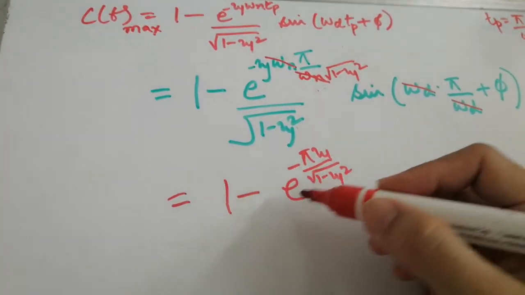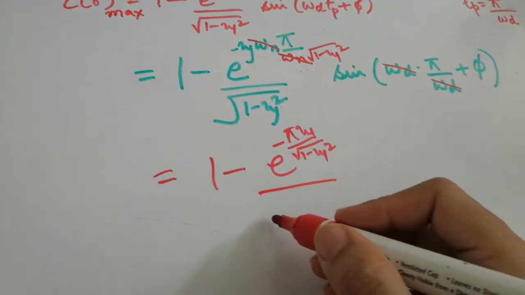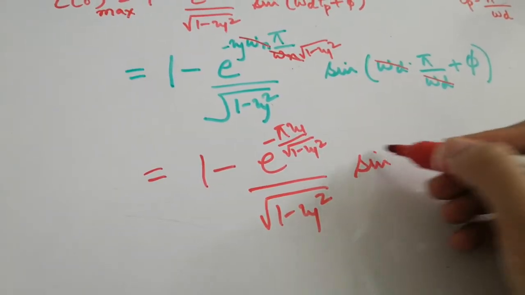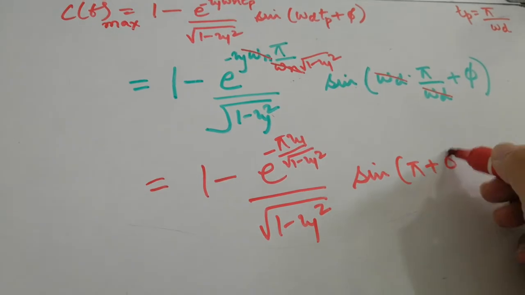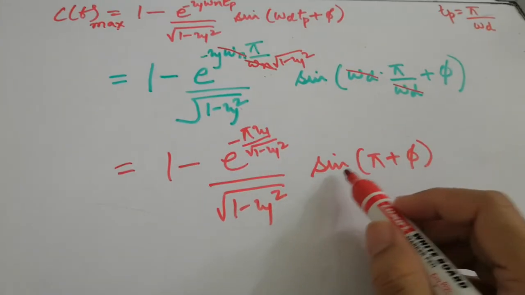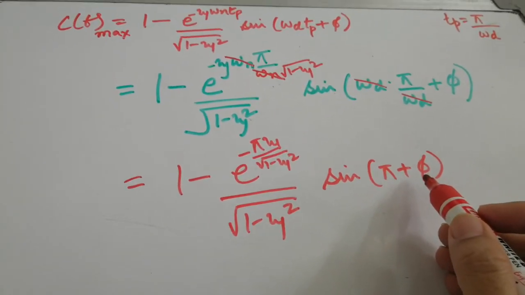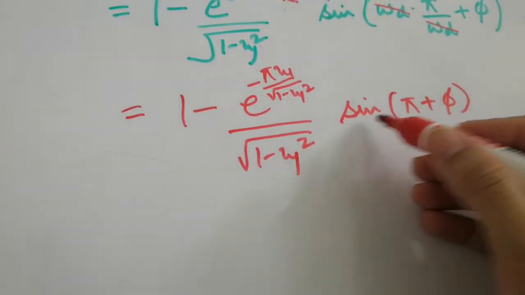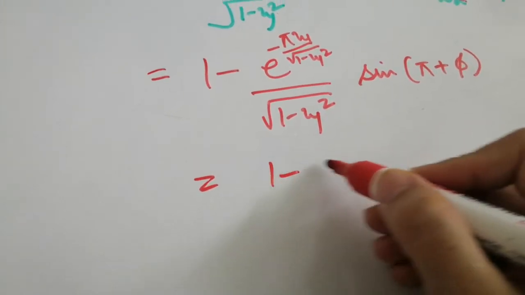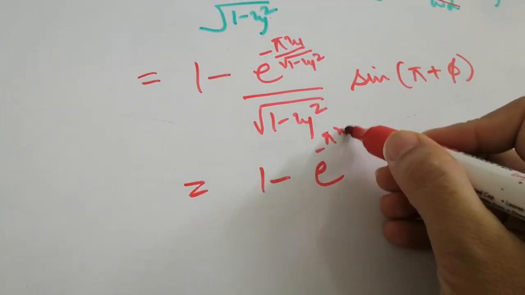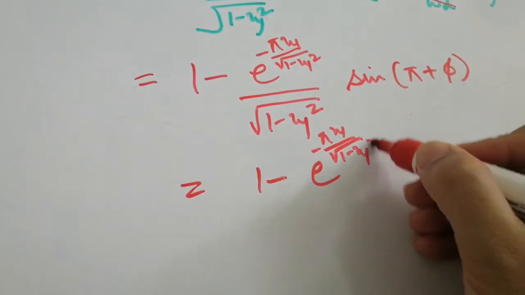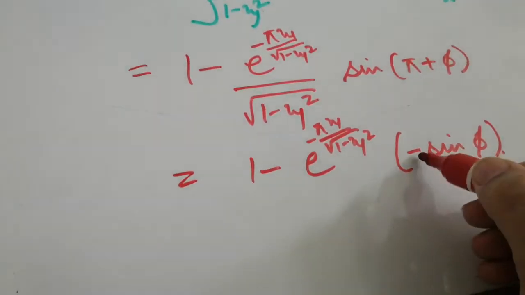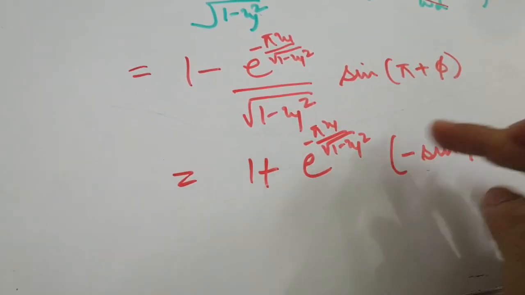This whole term is e raised to the power, and here we have got 1 minus zeta square into sine of pi plus phi. So you all know that sine of pi plus phi is equal to what? We all know this. So replacing sine of pi plus phi with minus sine phi here, this minus is going to go here and it is going to become plus.